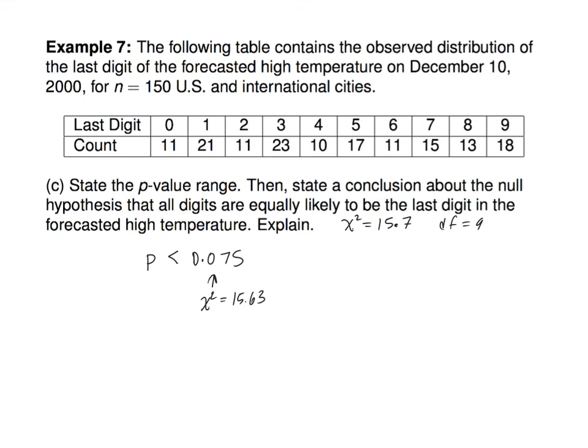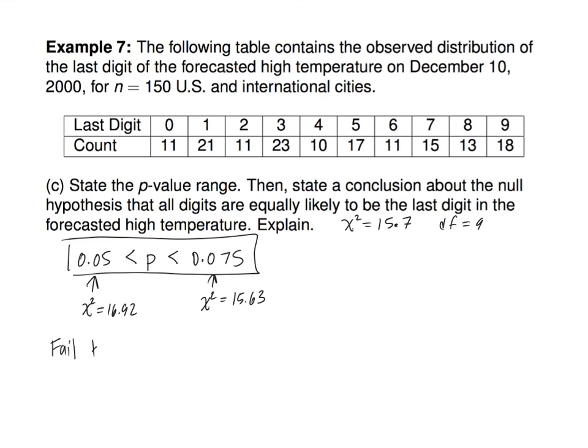So that's a chi-squared of 15.63. And on the low end, 0.05, and that comes from a chi-squared value of 16.92. And probably your p is going to be closer to the 0.075. But anyhow, your p-value is bigger than 0.05.